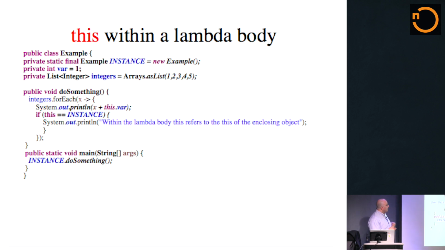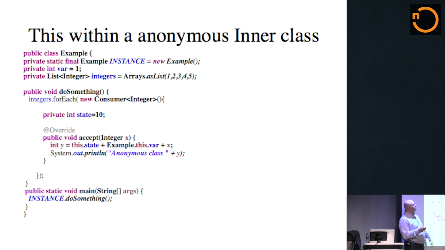Any questions? So let's take a look at what happens if we did exactly the same thing. Remember, the forEach is expecting a consumer interface. So we could actually rewrite this code like that. Now all I did was, it's the same outside structure, but inside I've got a new consumer integer, and I'm overriding the accept method.